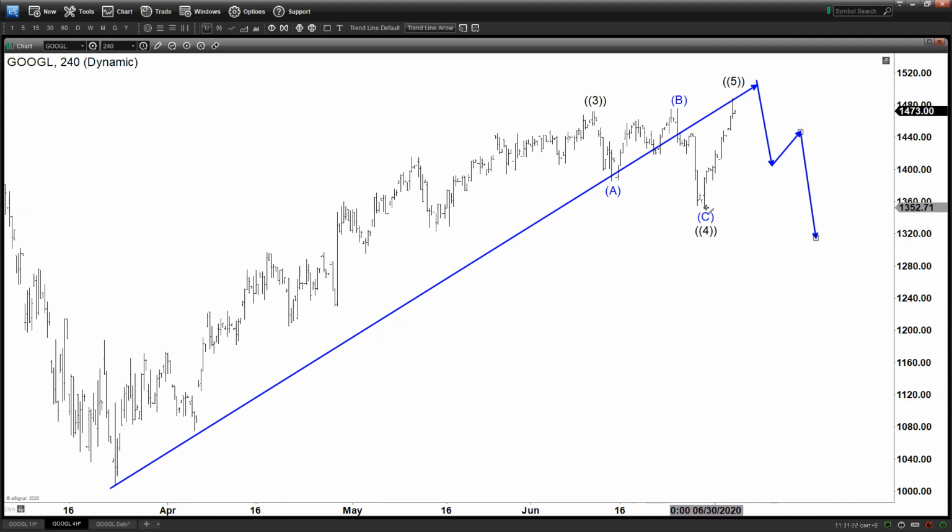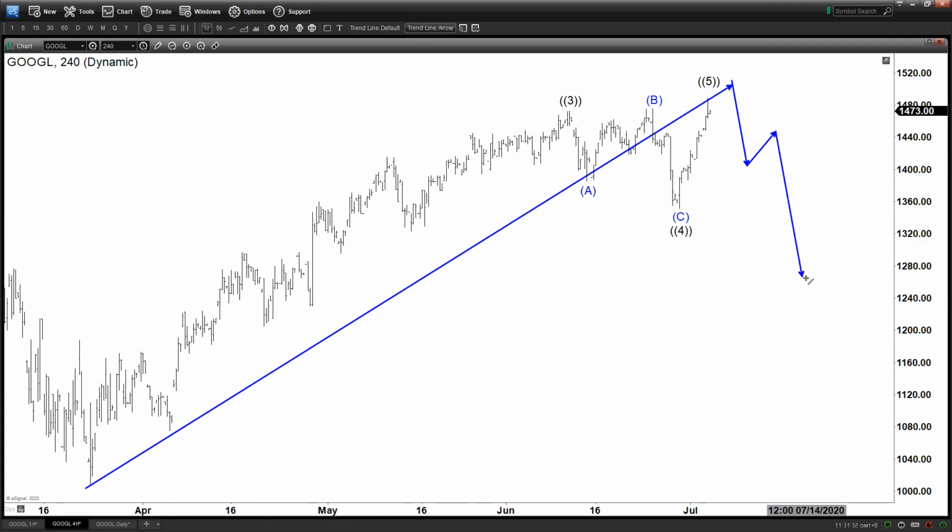Maybe it can go back to the previous wave 4 of one lesser degree, or it can go to even 50% of the entire correction. Then after that, we can extend higher again because it is an impulse, right? So that's the idea in Alphabet here.